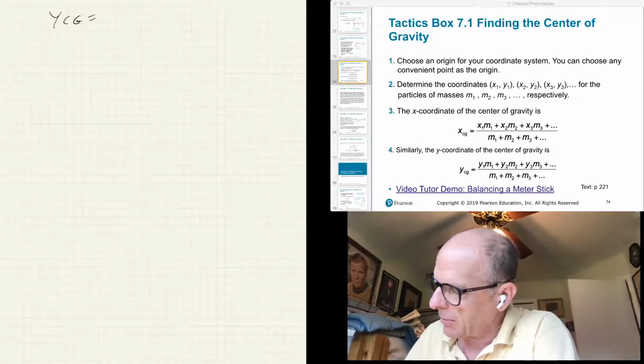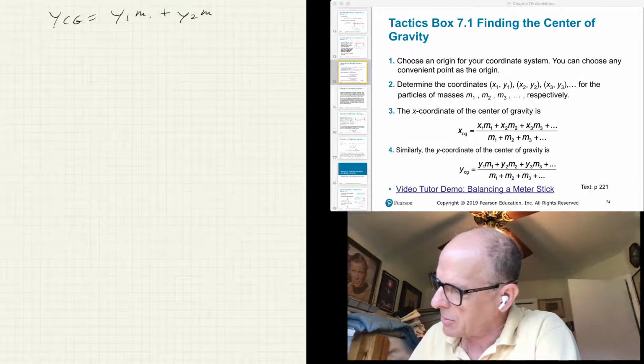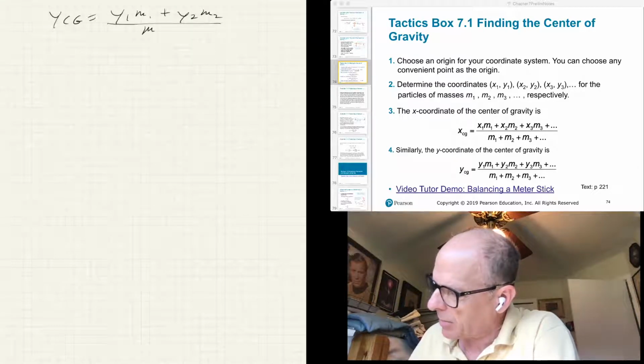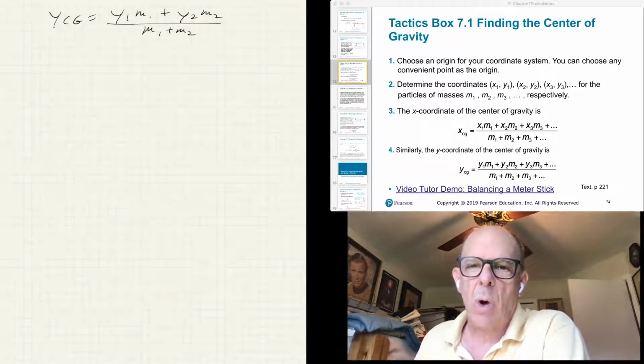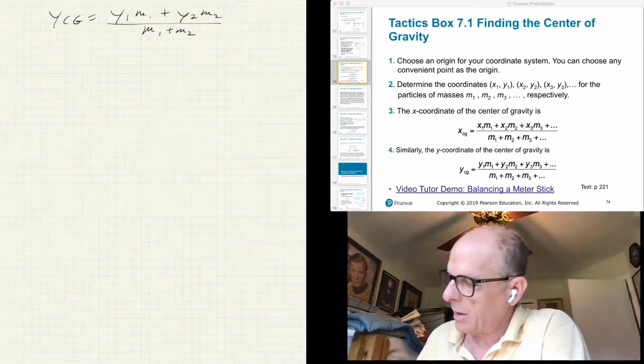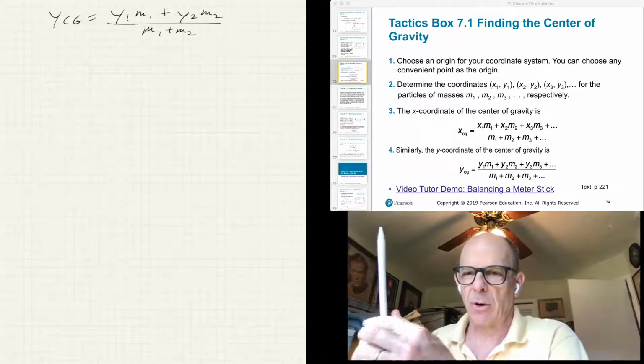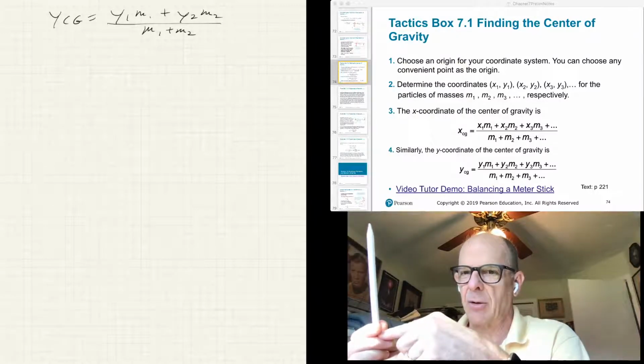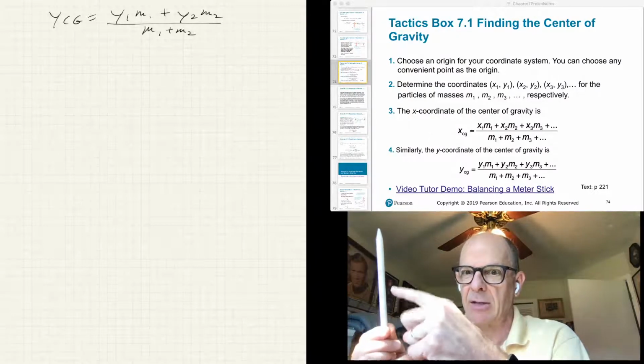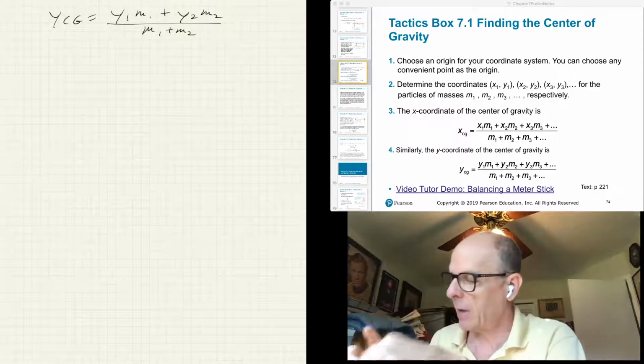The y coordinate of the center of gravity is y1 times m1 plus y2 times m2 divided by m1 plus m2. The y coordinate of mass 1 is, remember, mass 1 is the vertical beam. So the y position of that mass is at the midpoint of that mass, halfway up.